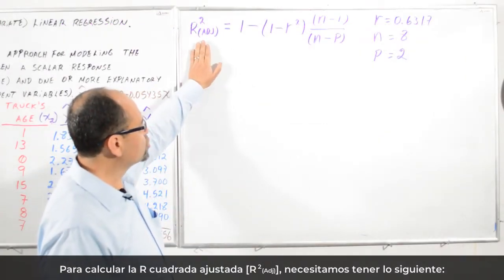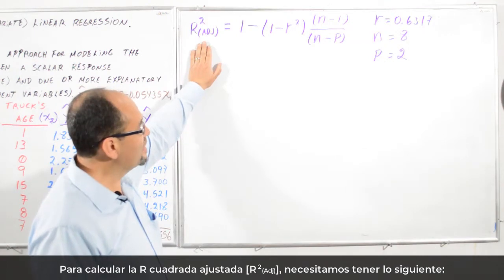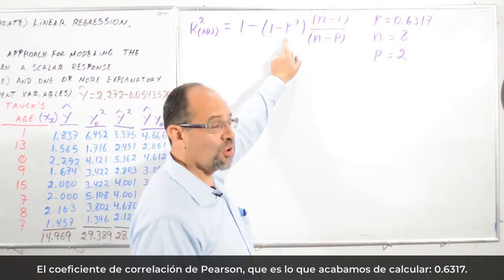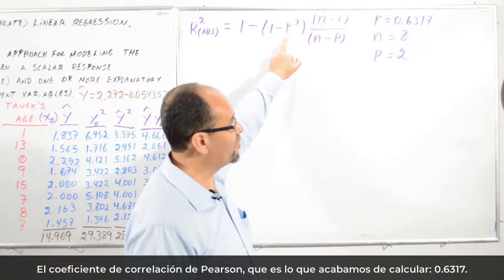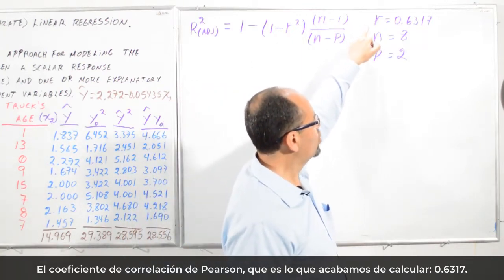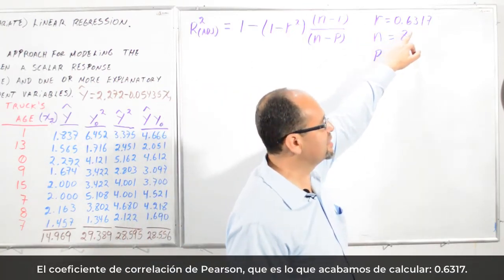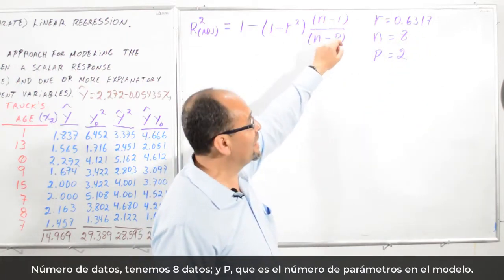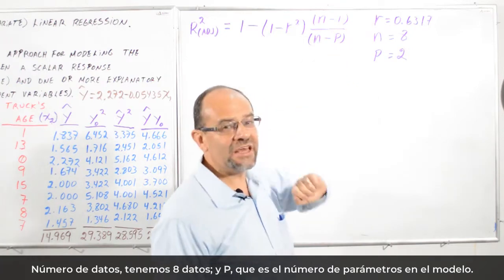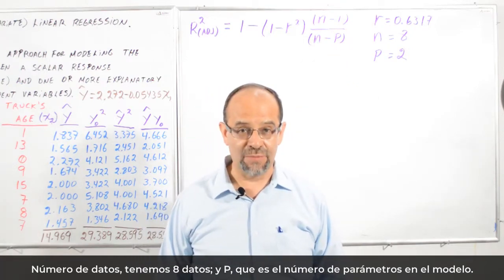For the R-squared adjusted, it is necessary to have the coefficient of correlation of Pearson, which is just what we have gotten, which is 0.6317. Number of values, we are having 8 values, and P is the number of parameters in the model.